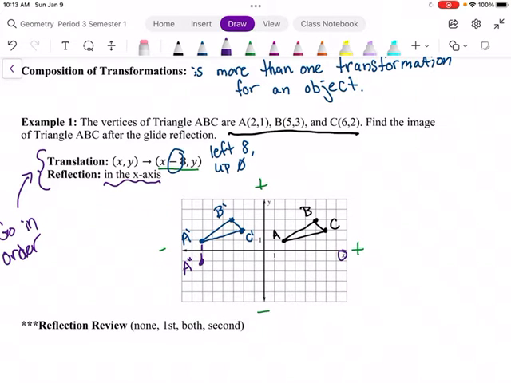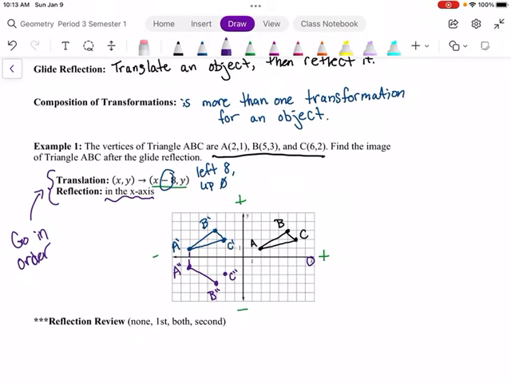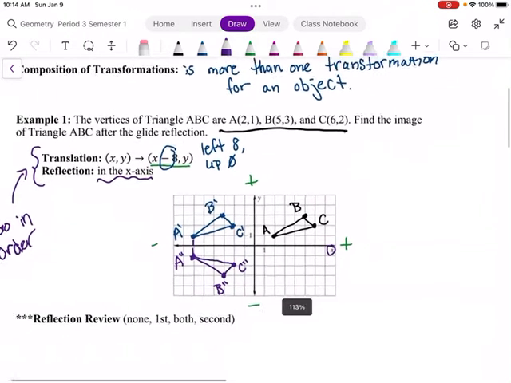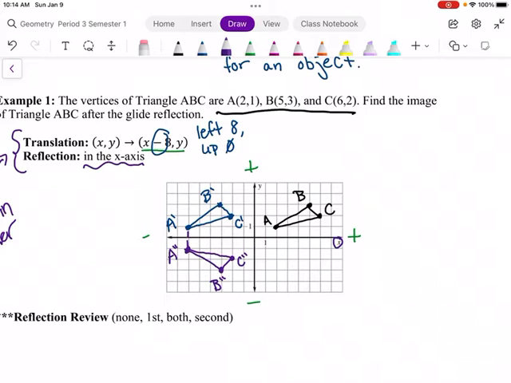B would be 3 spaces above, so we're going to go 3 spaces below for B double prime. And C is 2 above, which means that C double prime would go 2 below. So then this would be our final answer in quadrant 3.